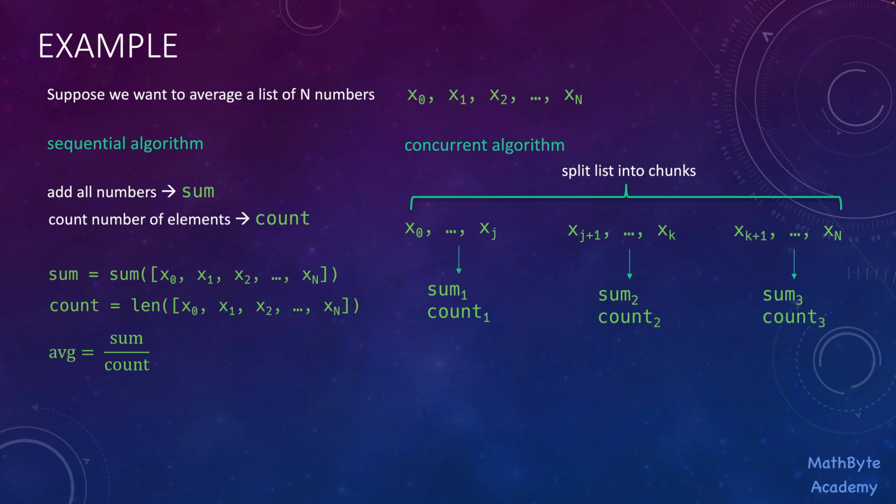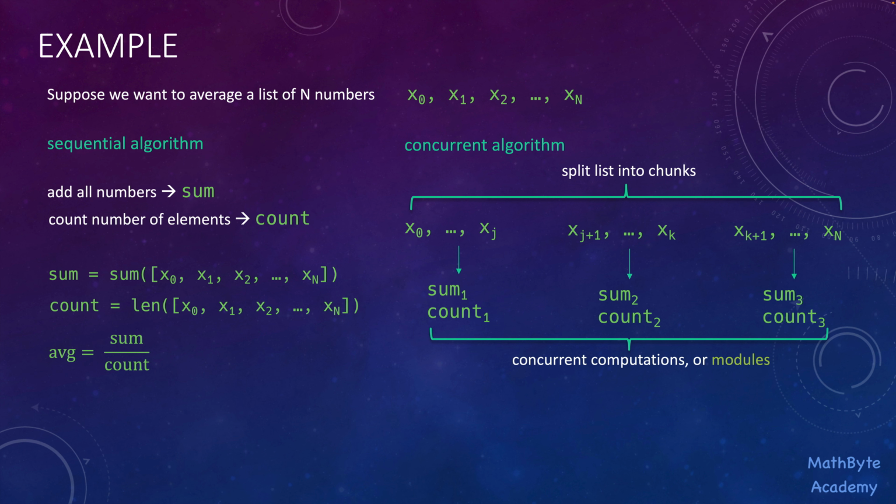Now you'll notice that I'm not saying we're executing that in parallel or we're executing those sequentially. I'm not talking about the execution. I'm merely talking about the fact that we are breaking up our list into 3 chunks, and we are now able to calculate the sum and count for each chunk. And so those are the concurrent computations.